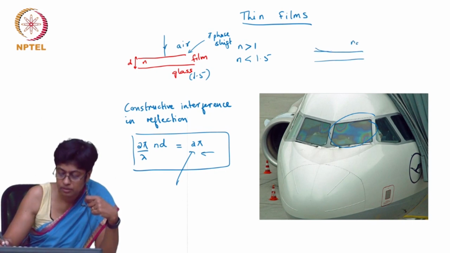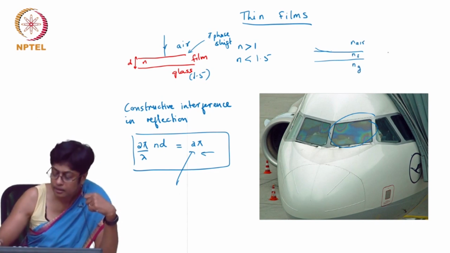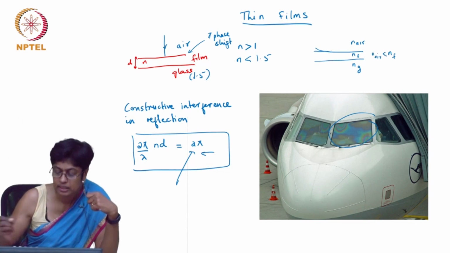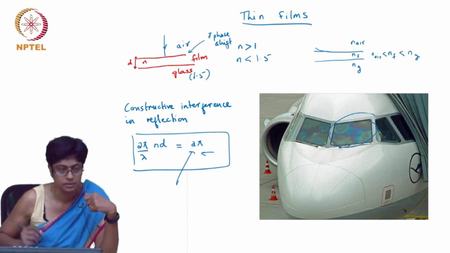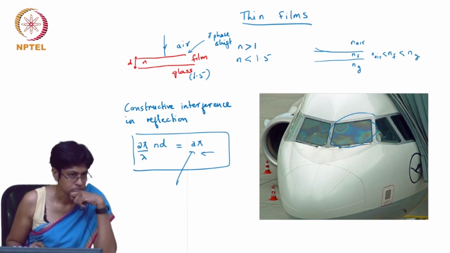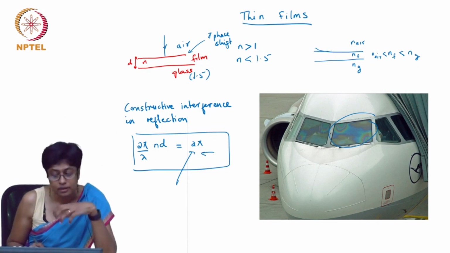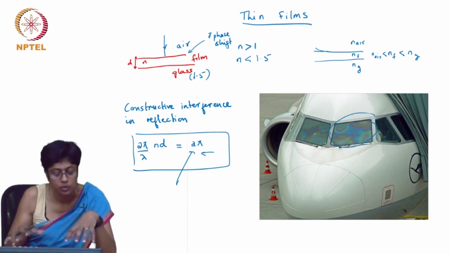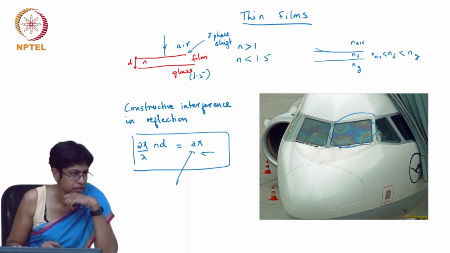So that if this is air, so n air, this is n of the film and this is n of glass, nf is chosen, so n air is of course less than nf, and it's also chosen like this. So that you have the well-known conditions for constructive interference.